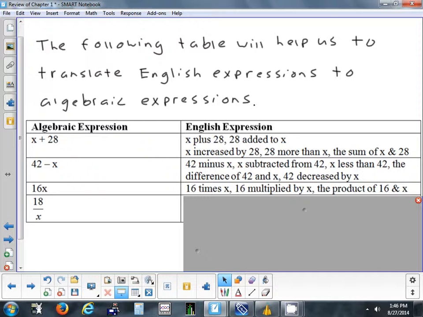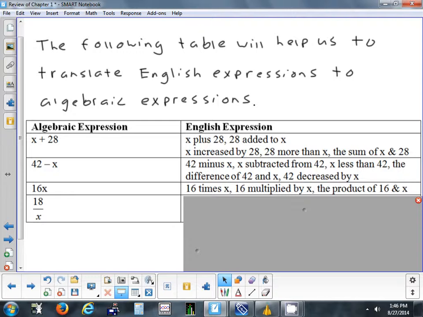You could see times. A lot of people say times, like 5 times 2. That means multiply. Or you can just say the word multiply. 16 multiplied by 3. All different ways to say multiply. And then the last one we've got is division. So what is it? Clayton?